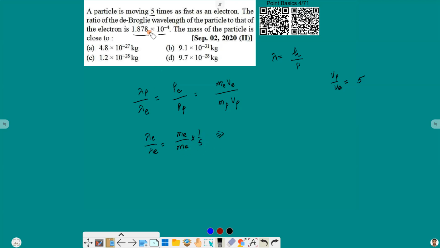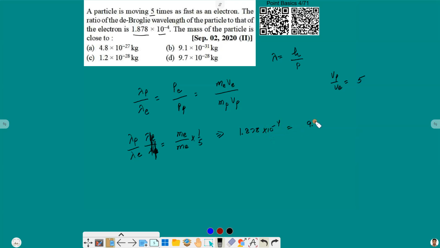Now the ratio of de Broglie wavelength of the particle to the electron is given. So that is lambda e by, sorry, I wrote it wrong. This is lambda p by lambda e basically. So lambda p by lambda e is the ratio of the de Broglie wavelength for the particle to the electron that is given, and it is 1.878 10 to the power minus 4.